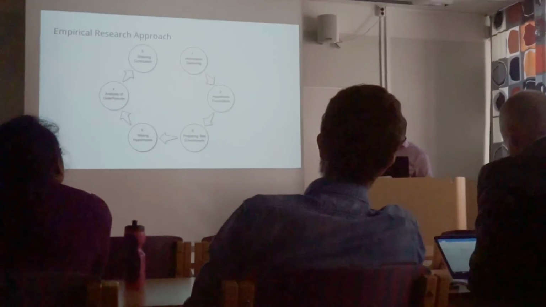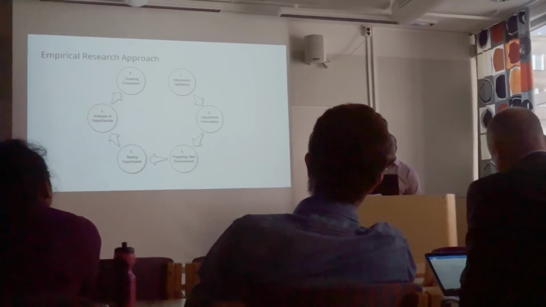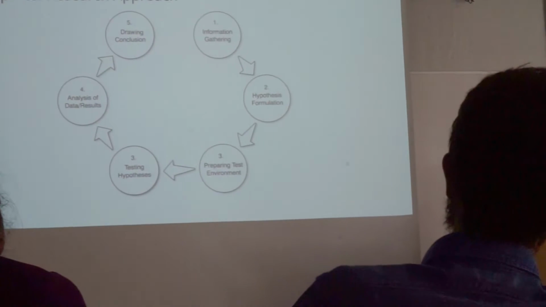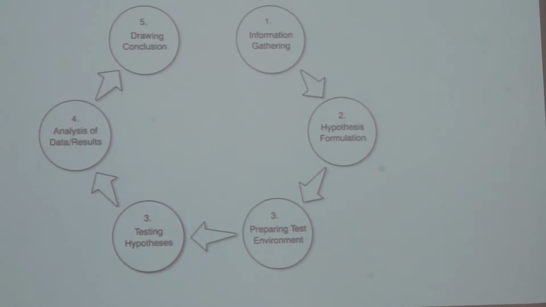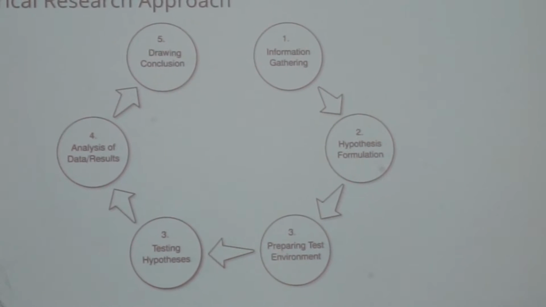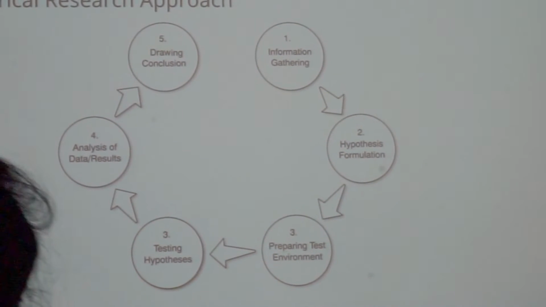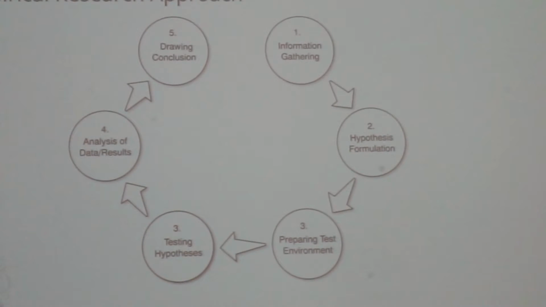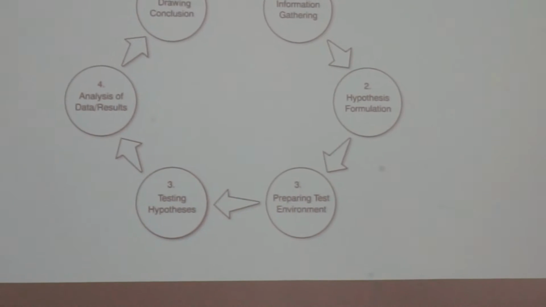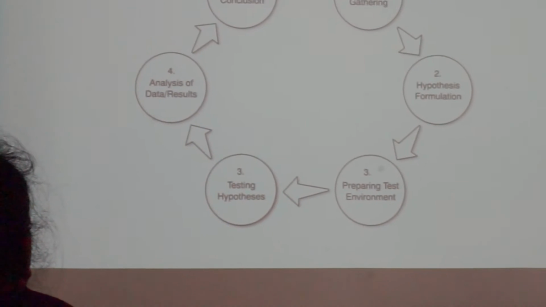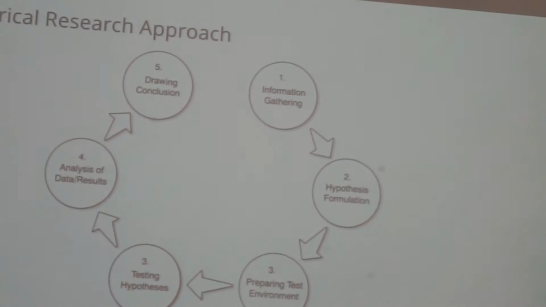The third step was preparing the test environment, whereby I developed a prototype as a proof of concept, and then I implemented this prototype in both cases, where it uses TLS and where TLS is not implemented. And then I did the testing, and with the data I collected, I did the analysis of this data, and then I drew some conclusions based on it.